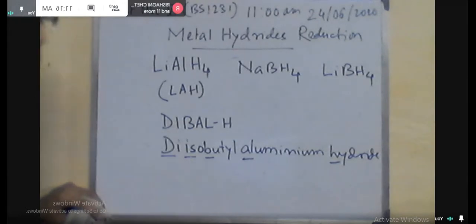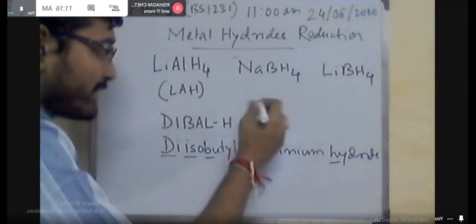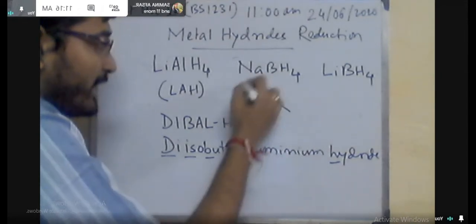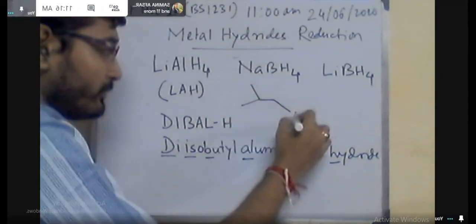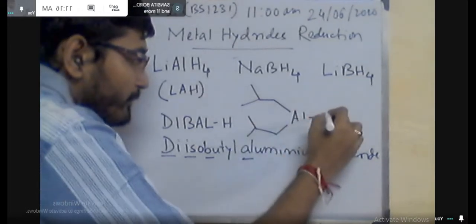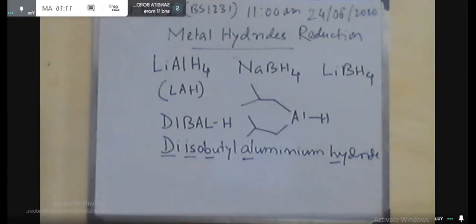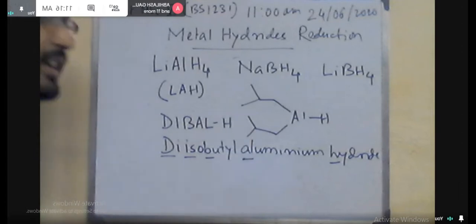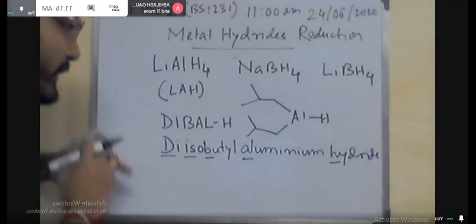In this case aluminium is the Lewis acidic center, so generally the reducing agent remains in dimeric form. The actual form of DIBAL-H is like this: aluminium, hydrogen, aluminium.